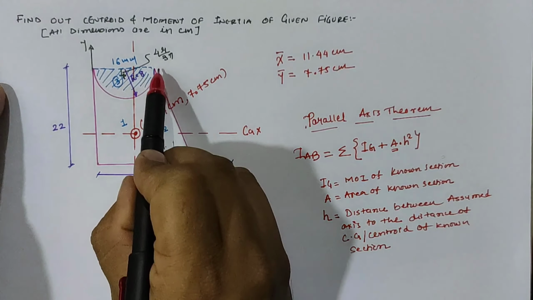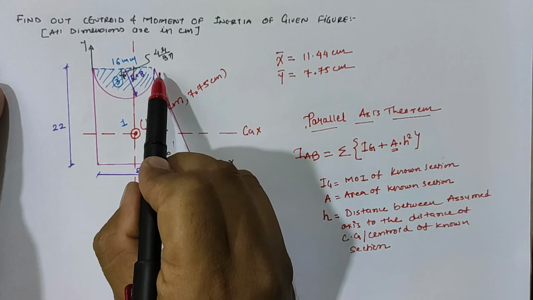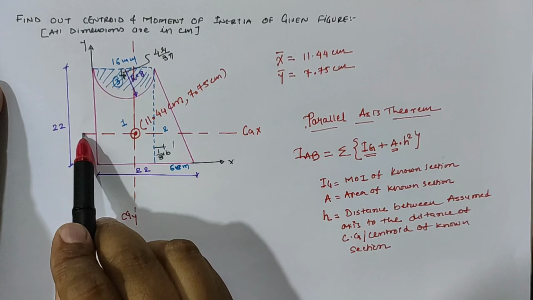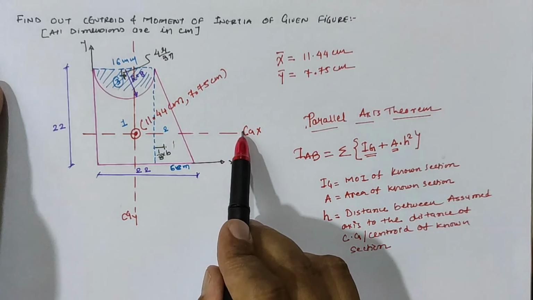For a right angle triangle it is bh cube by 36, and for a half circle it is 0.11 r raised to 4. And h means the distance of the assumed axis, and here we are assuming the Ixx axis as the assumed axis. So we have to calculate the CG of each part from our CG x axis.